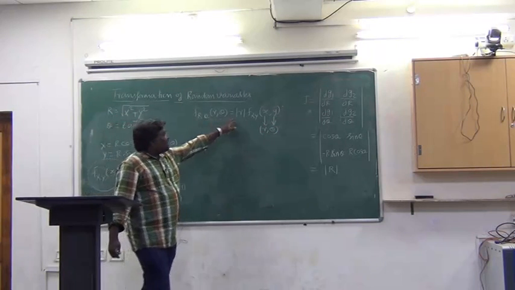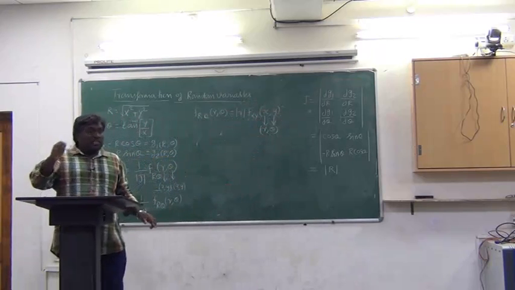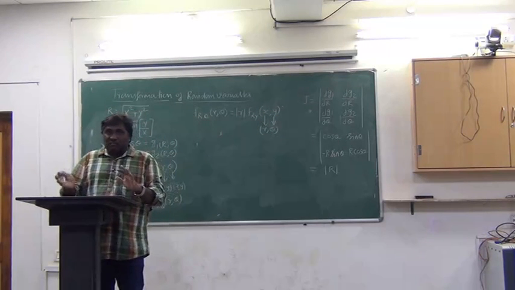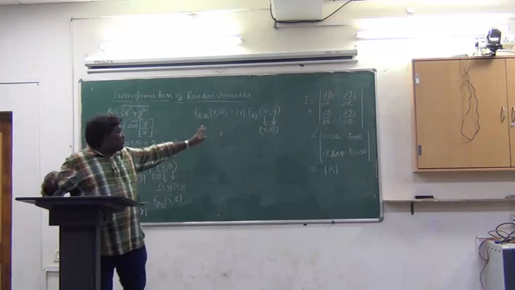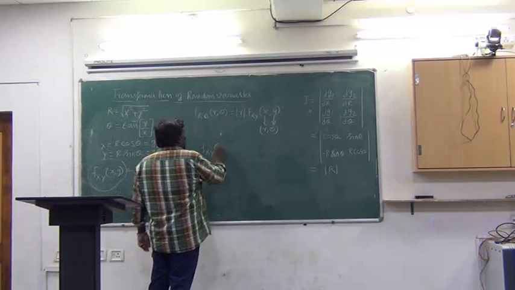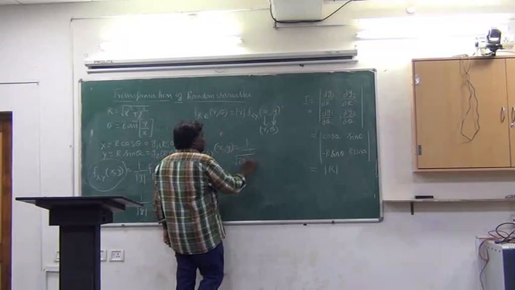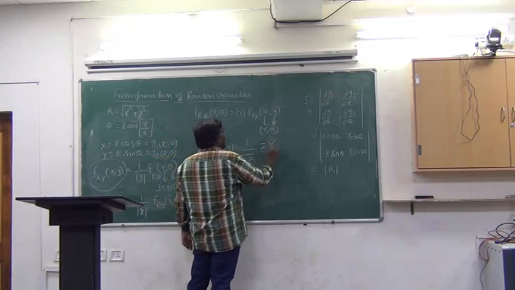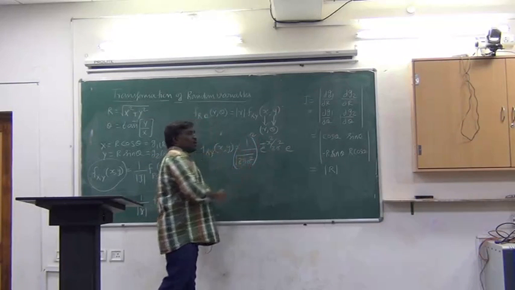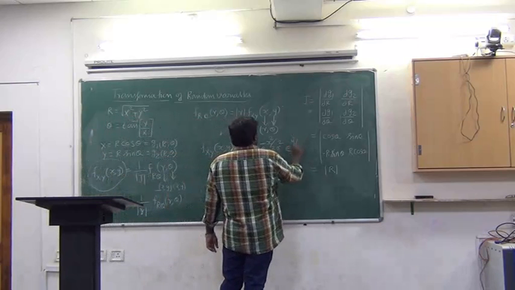The other way around is also true. But here I need this result to be a function of r and theta. Right? Let us consider this density function is Gaussian. f_XY is Gaussian. We'll see what will happen to this distribution, right? So we substitute f_XY of x comma y as 1 by root of 2 pi sigma square, e power minus x squared by 2 sigma square, and then one more time 1 by root of 2 pi sigma square, e power minus y squared by 2 sigma square.